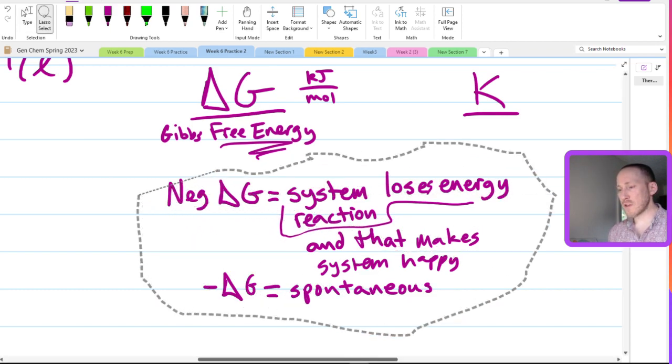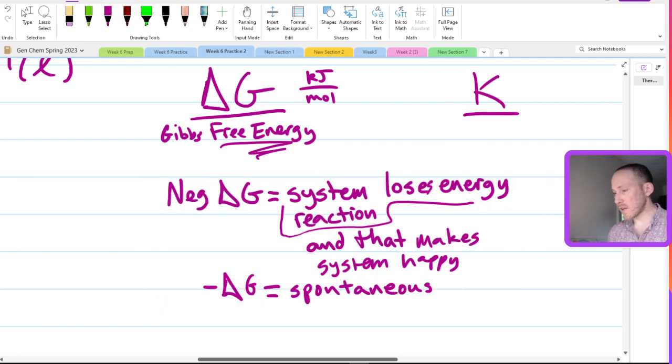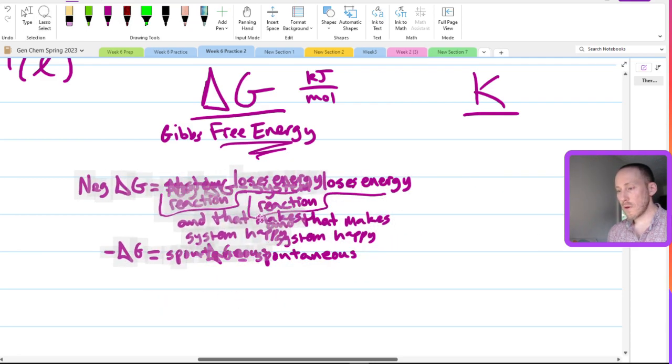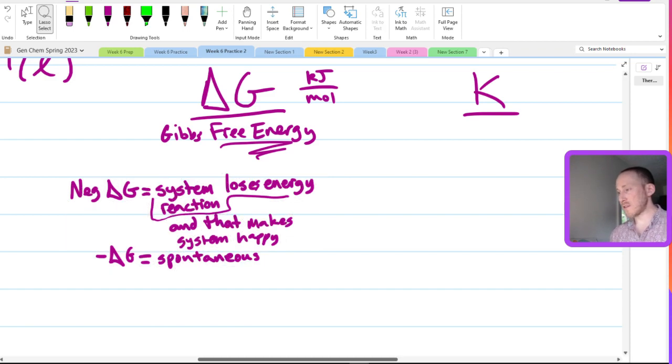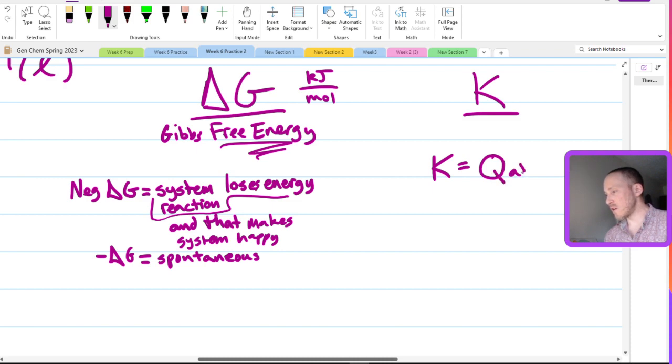The very much related other way to look at it is that if your reaction is at equilibrium, then its mass action expression, which is Q, is going to be referred to as K, right?